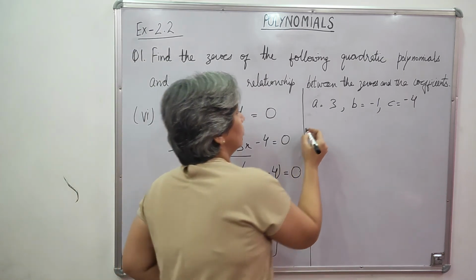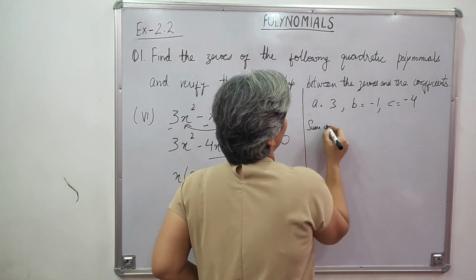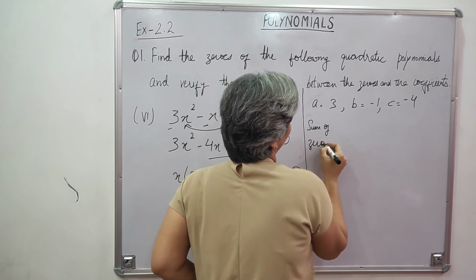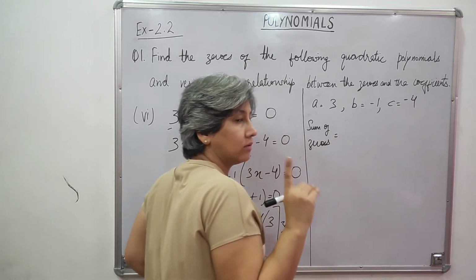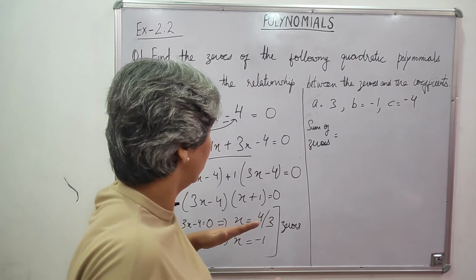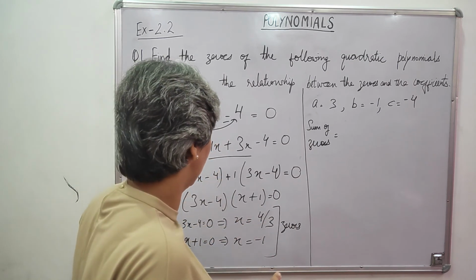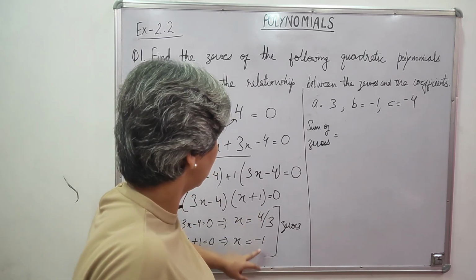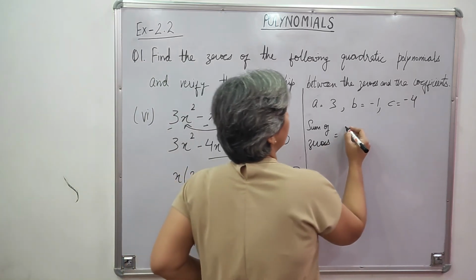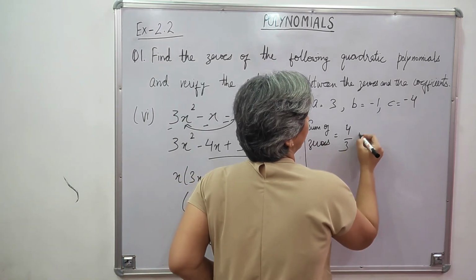So we know sum of zeros has to be minus B by A if the relationship holds good for this particular question. So let's see what is our sum, 4 by 3 and minus 1, right?